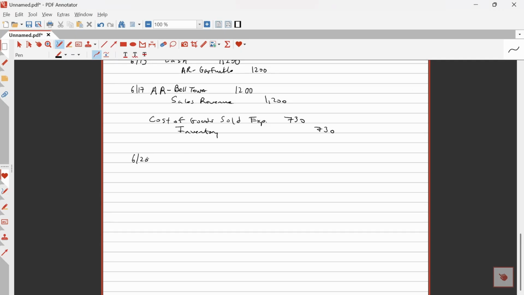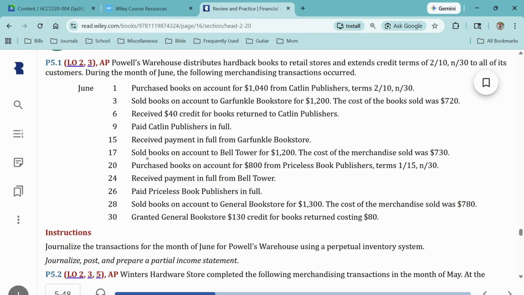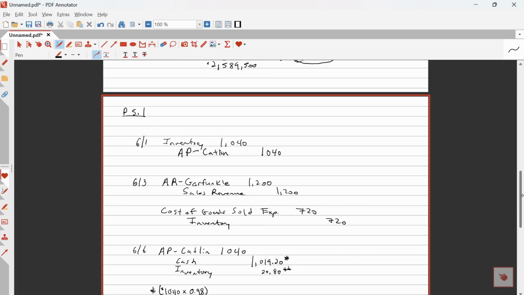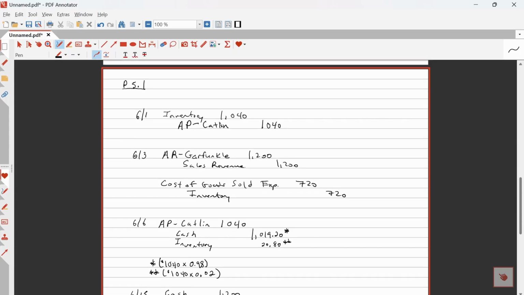the 20th, we're back to purchasing books on account again. So the 20th transaction is going to be just like the first transaction. We just have a different company from whom we're purchasing, and the terms are different. They give us 15 days to pay. So I'm going to take this transaction we did on the first, copy and paste it, and just change the appropriate things.